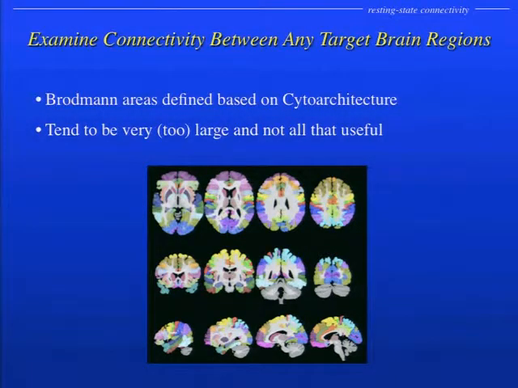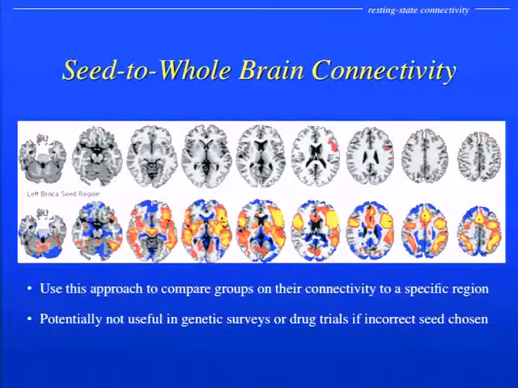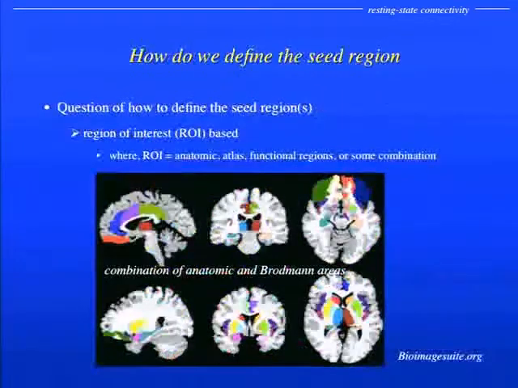These are based on cytoarchitecture, so that seems to make sense, but some of the Brodmann areas are really, really large, and you're clearly mixing time courses from different functional subunits within the Brodmann areas, and so that can give you erroneous results. And also anatomic atlases are easily defined, let's say for the hippocampus, you can clearly draw the hippocampus, and that's fairly easy to do. It's much more difficult when you get into the cortical frontal lobes, let's say, or the posterior parietal cortex, where the anatomic boundaries are not all that clearly defined.